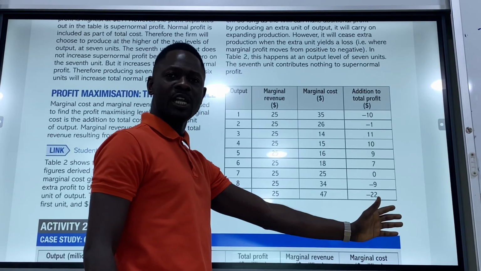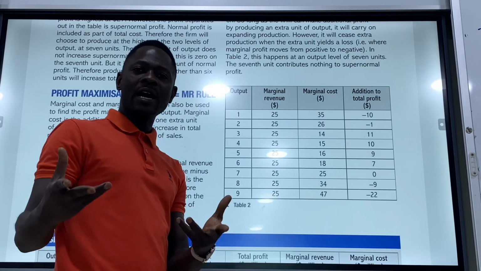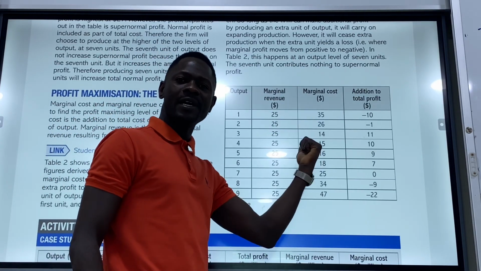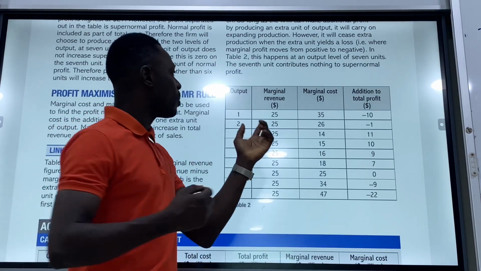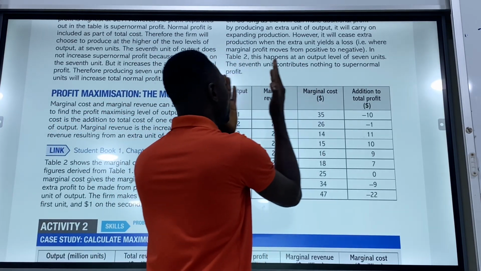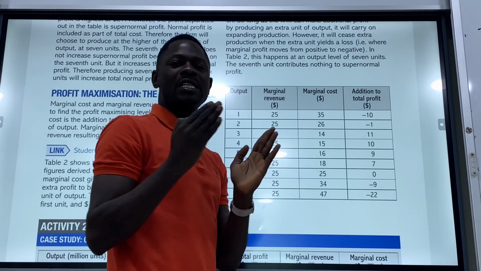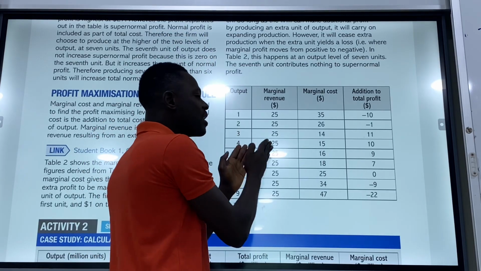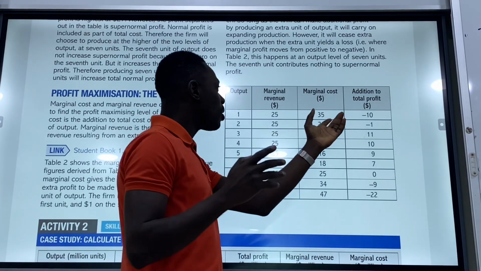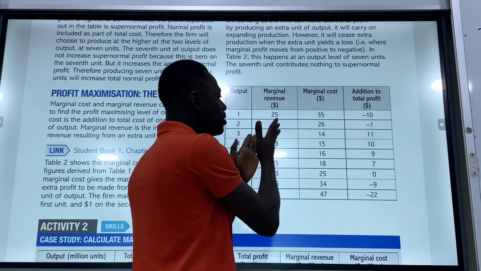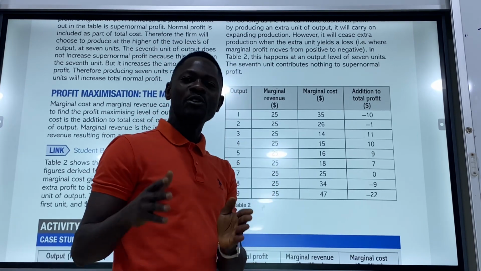How do we get our additional profit? Our additional profit is derived from taking the difference between our marginal revenue and our marginal cost, because here we're talking about additional cost and additional revenue. Additional cost is our marginal cost, derived because of extra units produced. Additional revenue is our marginal revenue, derived because of extra units sold.